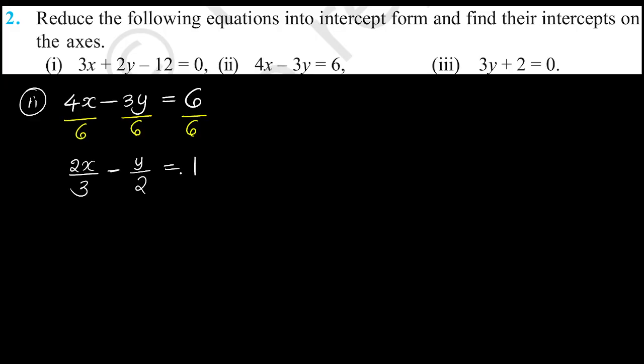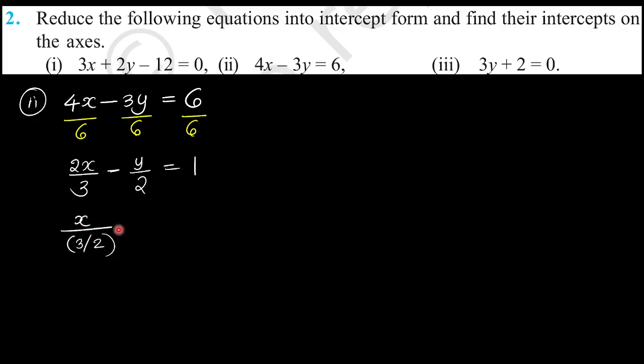Is it in the form x by a plus y by b equal to 1? No, not correct. I want x by a. Can I write 2x by 3 as x divided by 3 by 2? Can I write like this? Yes. 2 goes to the denominator after taking reciprocal. Now it is x by a.